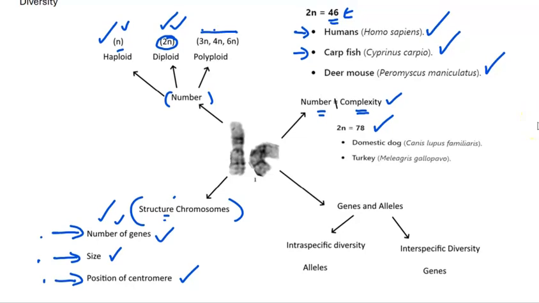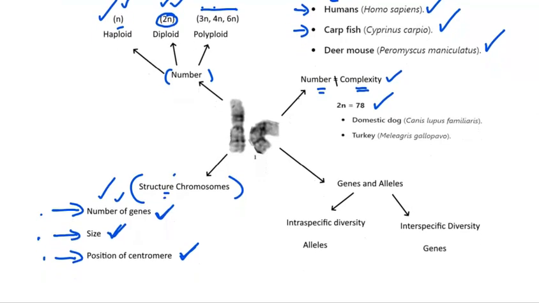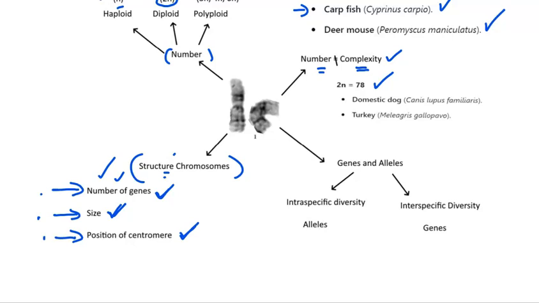So we mentioned the chromosome number, the number of genes, the size of the chromosomes and the positions of the centromeres. And when we look at those, what we discover are 2 broad patterns. Individuals within a population, within a species, their variation, since this is the topic that we're looking at, so the diversity within a species, intraspecific diversity, is a feature of different allele frequencies.